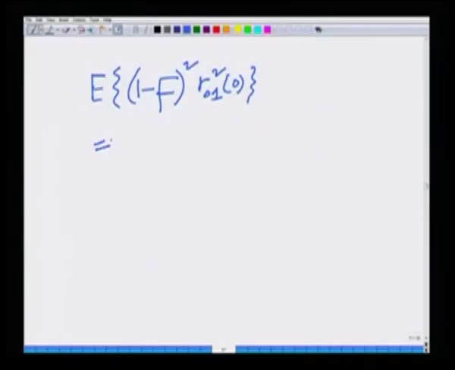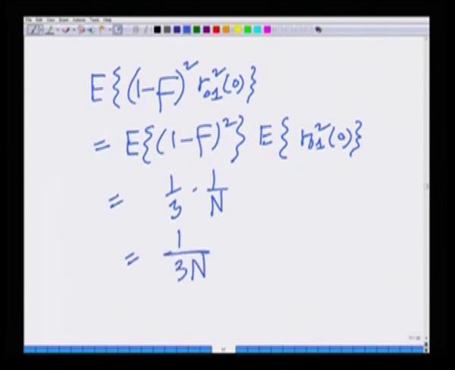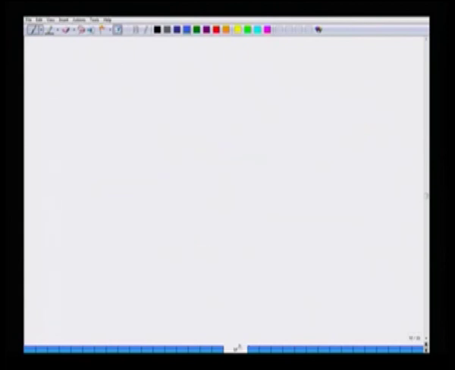So, this is nothing but, I can split this as expected (1 minus f) square into expected R01 square of 0. This is nothing but expected (1 minus f) square is 1/3, expected R01 square of 0 is 1 over n, hence this is again another 1/3 of n.